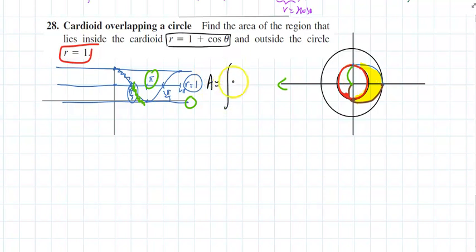Area is going to be a double integral of r dr d theta, and we're going to run this from 0 to pi over 2, and since I'm only taking half of it, I'm going to multiply that by 2, and r seems to run from the circle r equals 1 and terminate on 1 plus the cosine of theta.